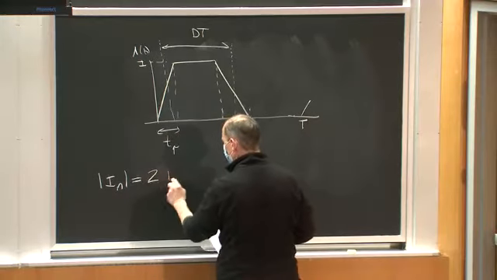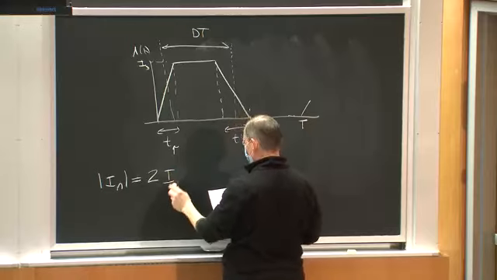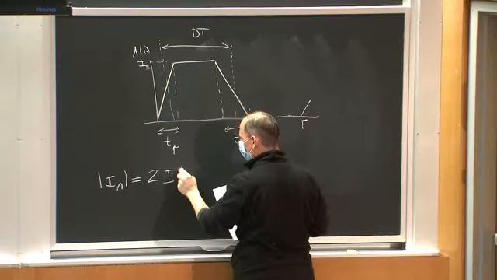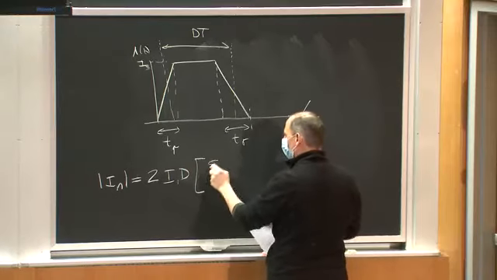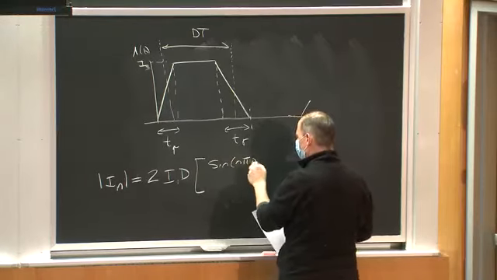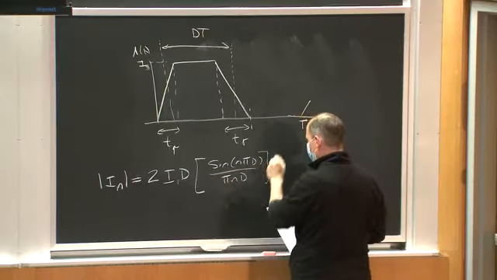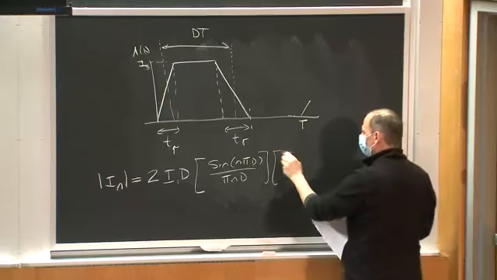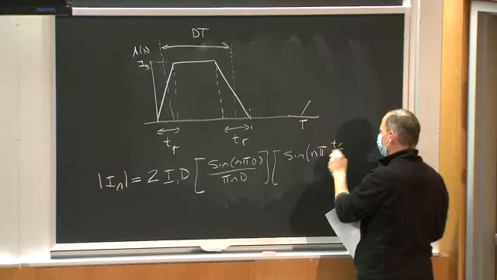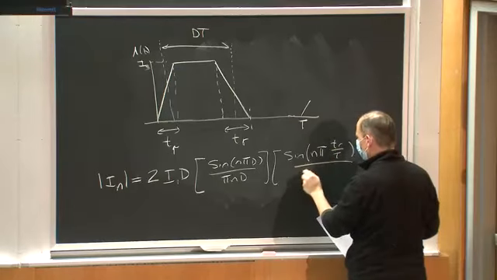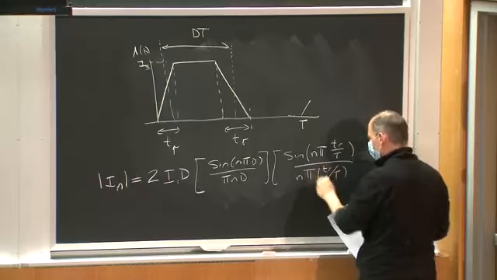It looks like this: I'm sorry, it's 2I times the duty ratio times sine of n pi D over n pi D, times sine of n pi t_r over T divided by n pi t_r over T. Okay?